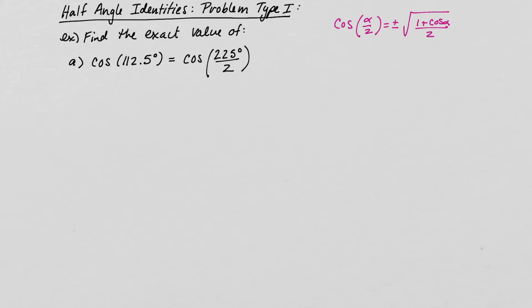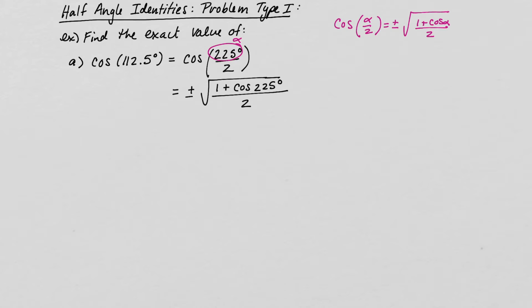The first thing I'm going to do is plug into my formula. So this cosine is going to be equal to plus or minus the square root of 1 plus, in this case my 225 is my alpha, the cosine of 225 degrees, all that divided by 2.